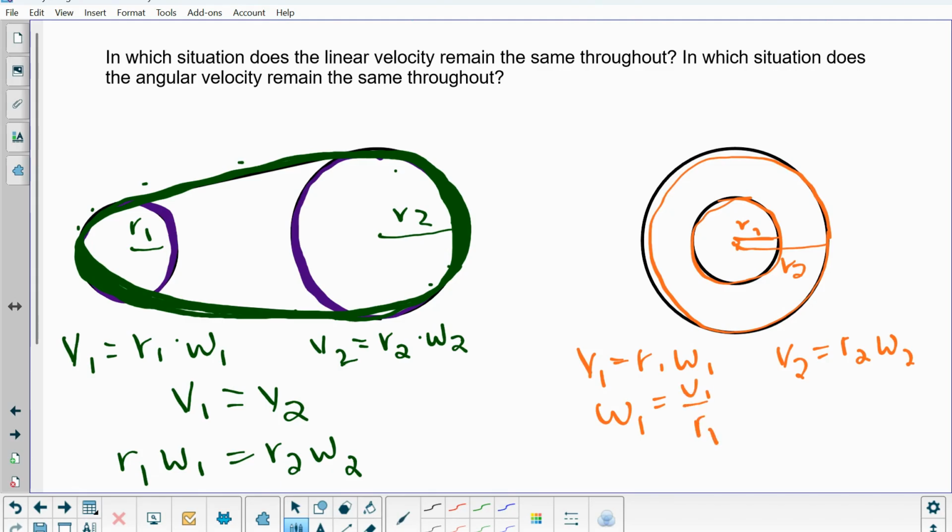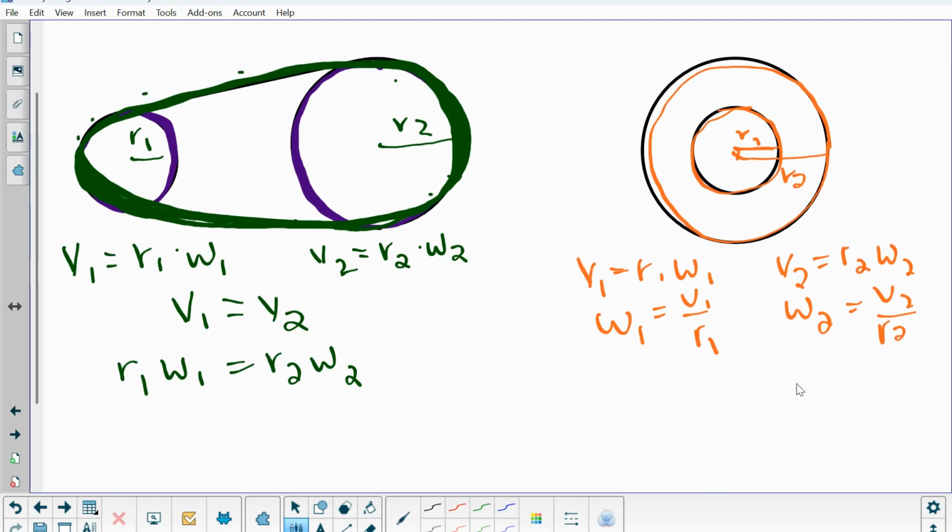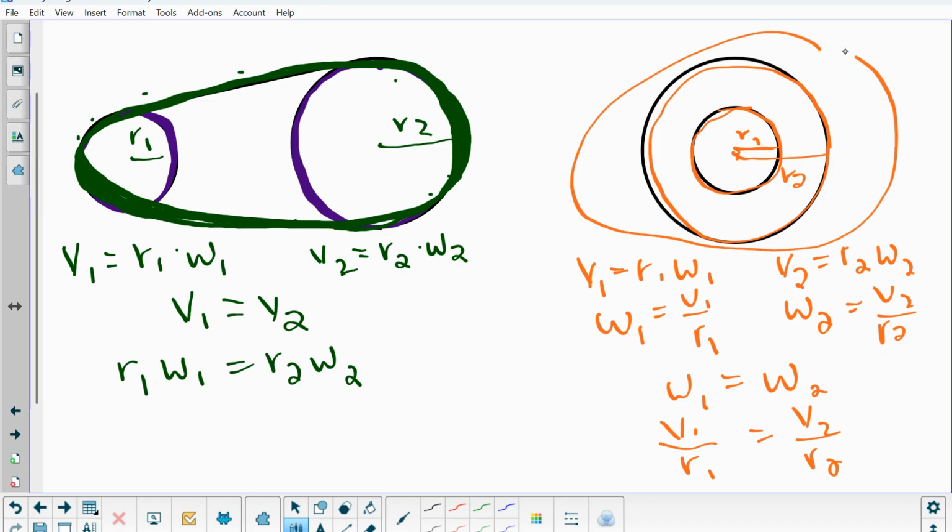So if I solve each of these for our angular velocities, then since omega 1 equals omega 2, velocity 1 over radius 1 equals velocity 2 over radius 2. A problem like this, with circles inside each other called concentric circles, has the same angular velocity. And these two circles on the left, attached on the outside of the circles, have the same linear velocities.